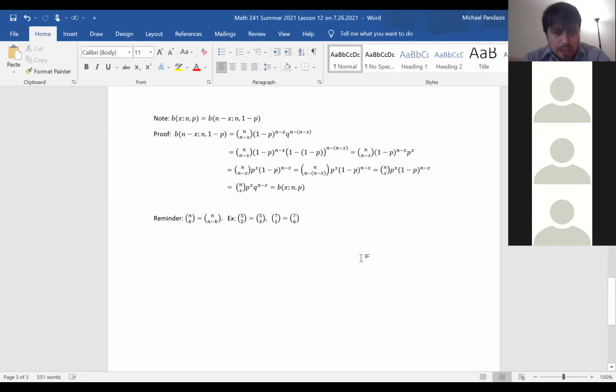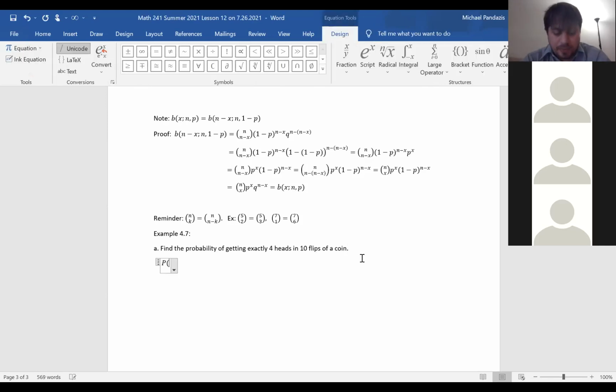Okay. Example 4.7. So for part A, find the probability of getting exactly 4 heads in 10 flips of a coin. Okay, so this is a probability of exactly 4 heads in 10 flips of a coin.